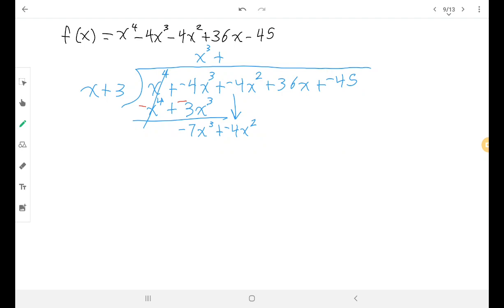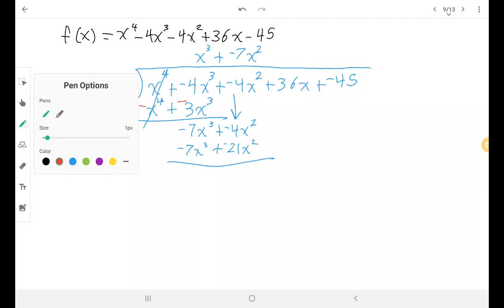Now I need to make negative 7x cubed. I need to multiply by x to do it. So that sounds like negative 7x squared to me. So negative 7x squared times x is negative 7x cubed, plus negative 7x squared times 3 is negative 21x squared. I need to subtract those, so I need to distribute a negative, which means I need to change the signs down here.